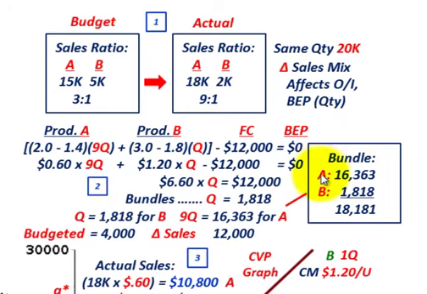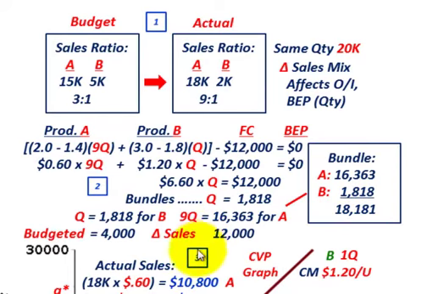So our bundle, this 1,818, the grouping, is comprised of 16,363 units of A that we've sold and 1,818 units of B, based on our sales ratio. And the total amount that we would have sold is 18,181 units.